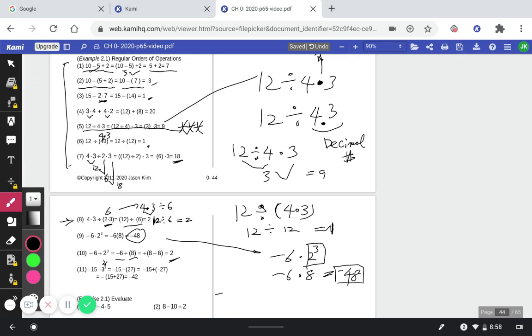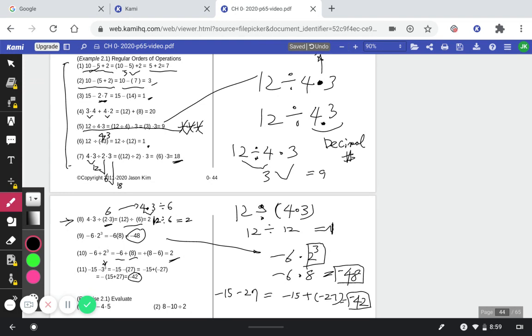When you have negative 15 minus 27, you do keep change, negative 15 plus negative 27. Do you have the same sign or different sign? You're adding same sign, so you add 15 plus 27, which is 42, and the bigger absolute value, 27, has a negative, so the answer becomes negative 42.